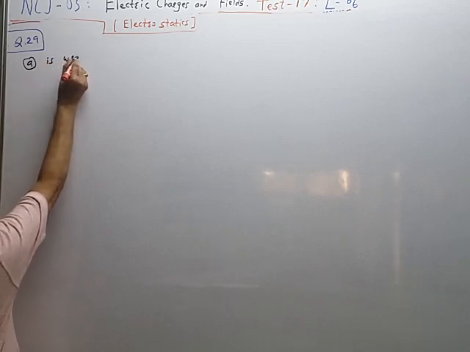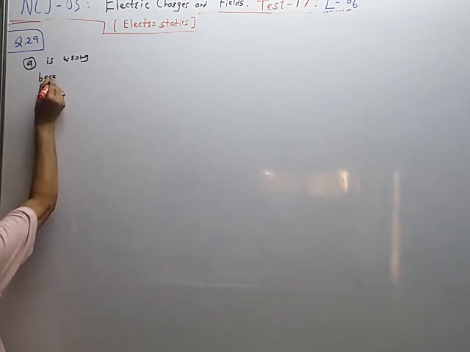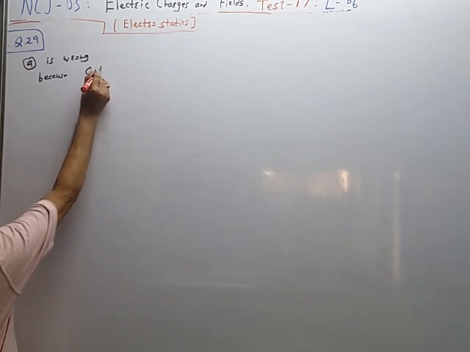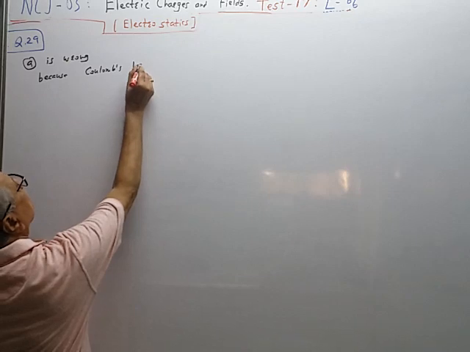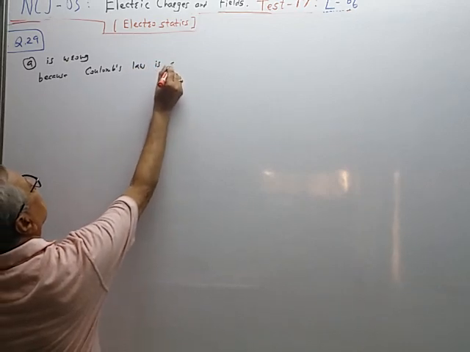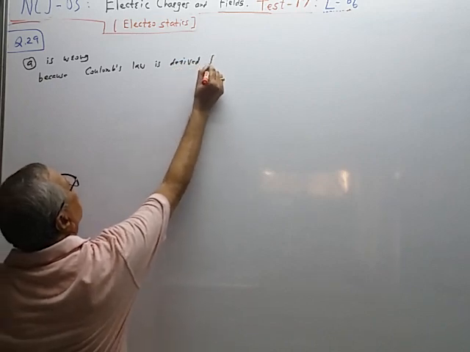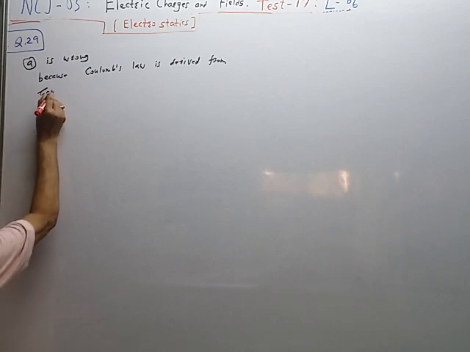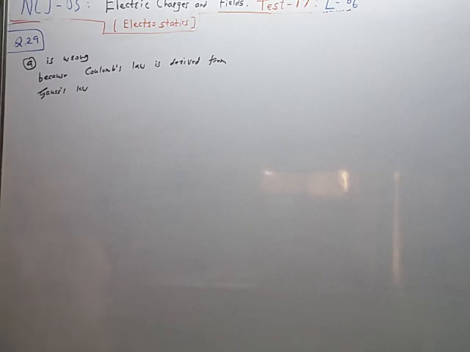A is wrong because Coulomb's law is derived from Gauss's law, like this. Therefore, A is wrong.